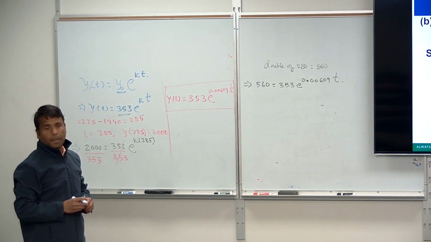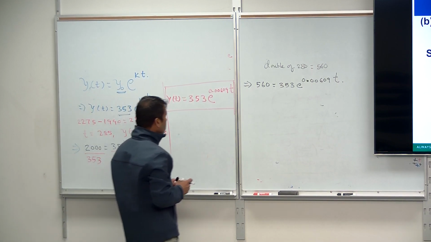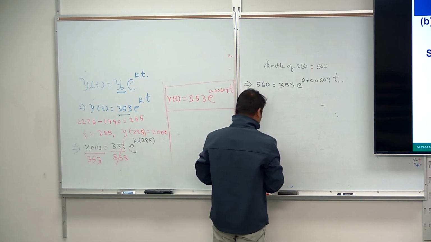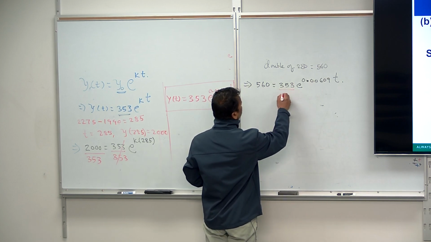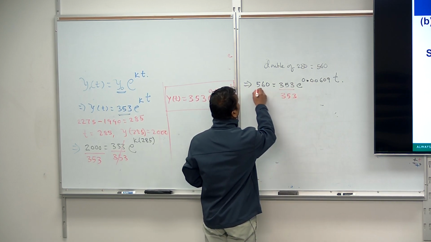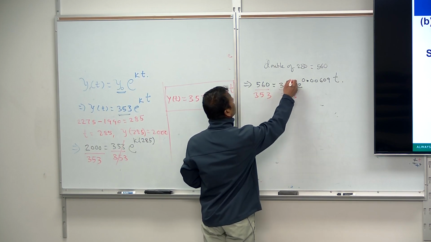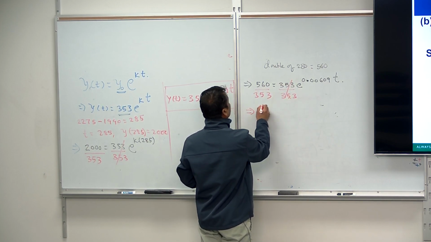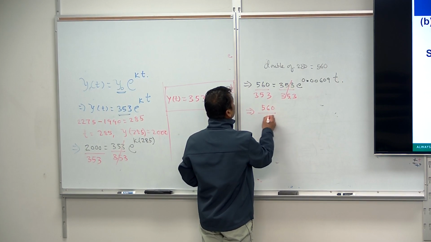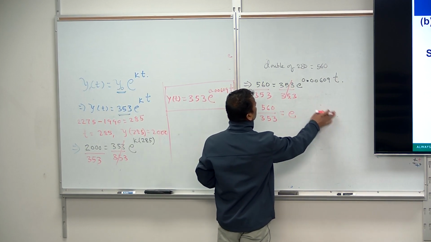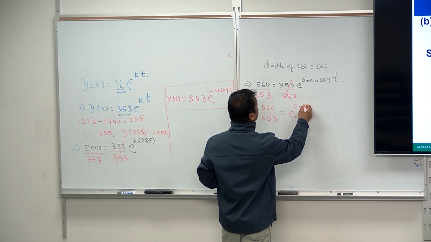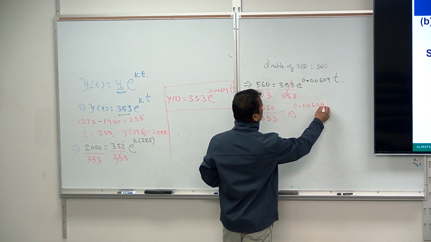Good. You divide both sides by 353, so you cross them out, and you have 560 over 353 equals e to the power 0.00609t.